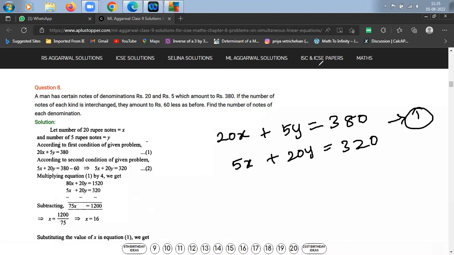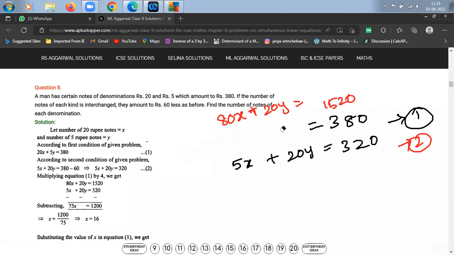Understood? So you have equation 1 and equation 2. Let me multiply equation 1 by 4. Equation 1 turned into 80x plus 20y equal to, what is 380 into 4? It's 1520. So that's your new equation 1. We don't need this anymore.